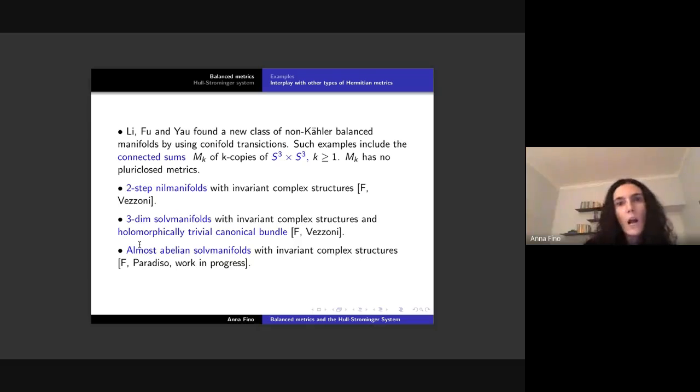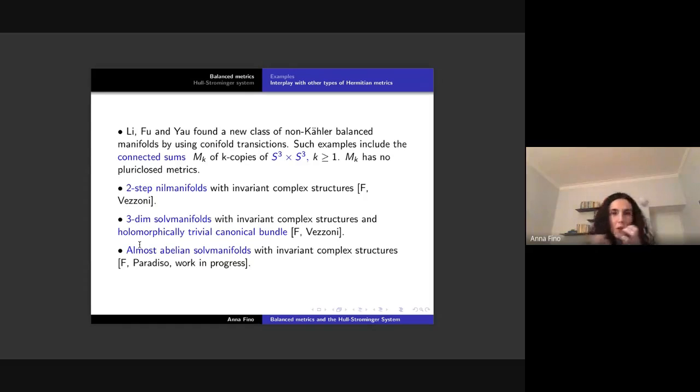So if you do a conifold transition, you do a contraction, and then a smoothing, so you consider a small deformation of the complex structure that makes the family smooth.